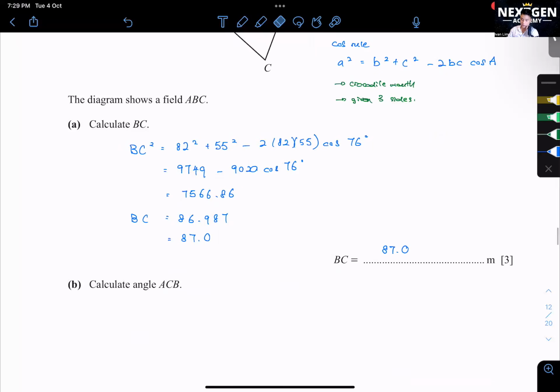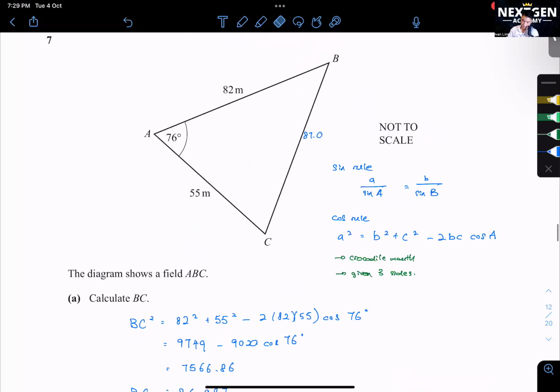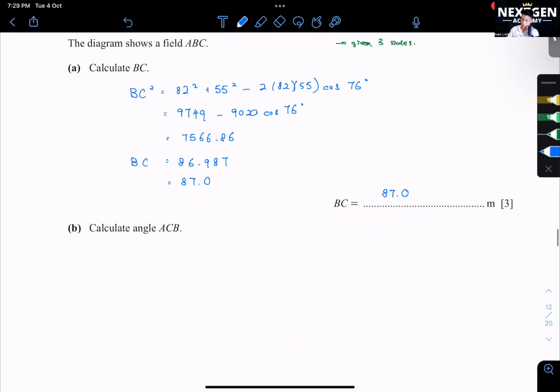Okay, calculate angle ACB. For ACB, I can just use the sine rule, right? Because I have the opposite sides. So this will be sine ACB over 82 equals sine 76 over 87.